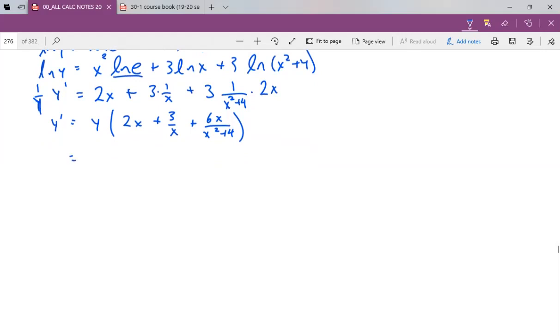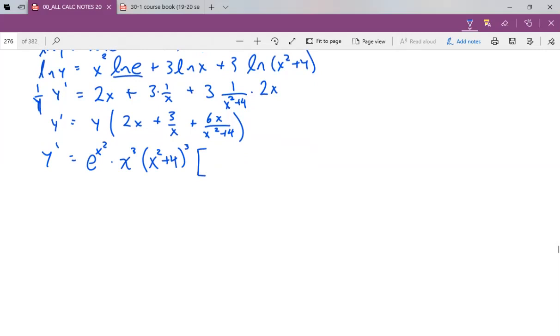Now, y is equal to e to the x squared times x cubed times x squared plus 4 all cubed. So that's just y. What's in the brackets here, we're going to get a common denominator.